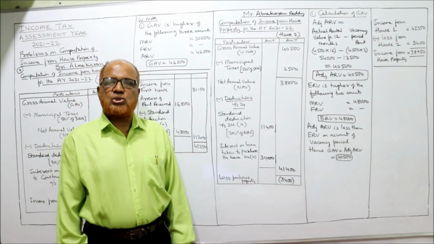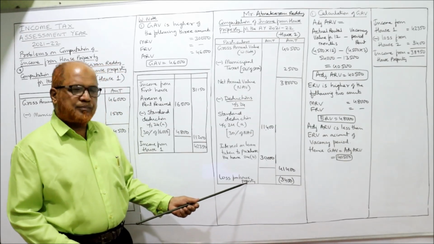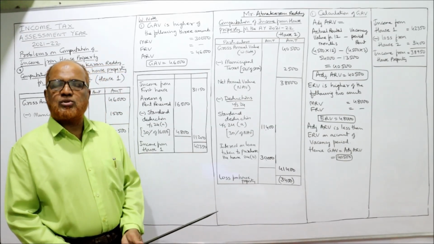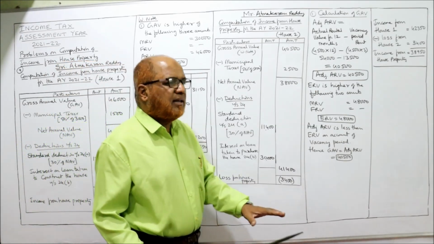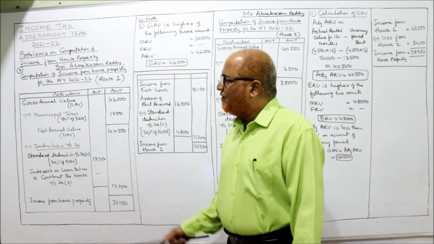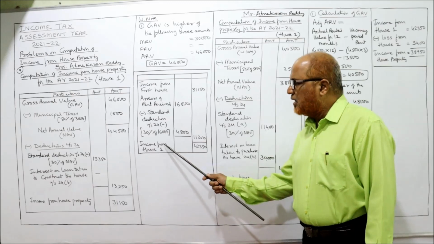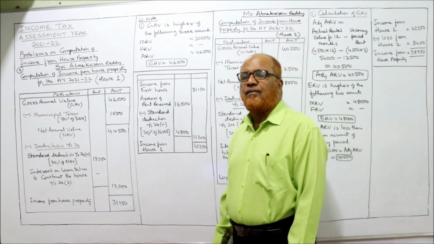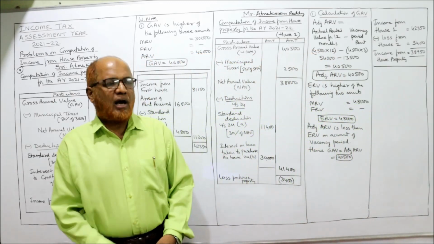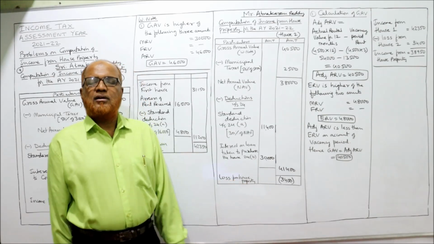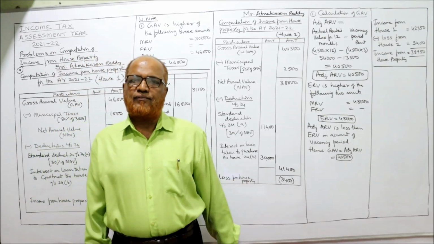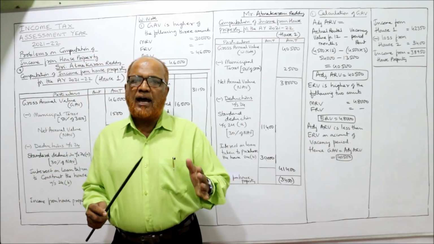You are getting minus 3,400, negative. That means there is a loss. Loss from house number 2. So finally, we can set off. In the first house, there is an income of 42,350. And there is a loss in house number 2 of 3,400. This is called intra-head set off.